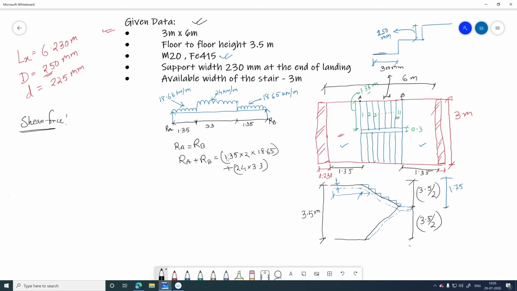If you solve this equation, you will get RA equals RB, that is 64.77 kilonewton.